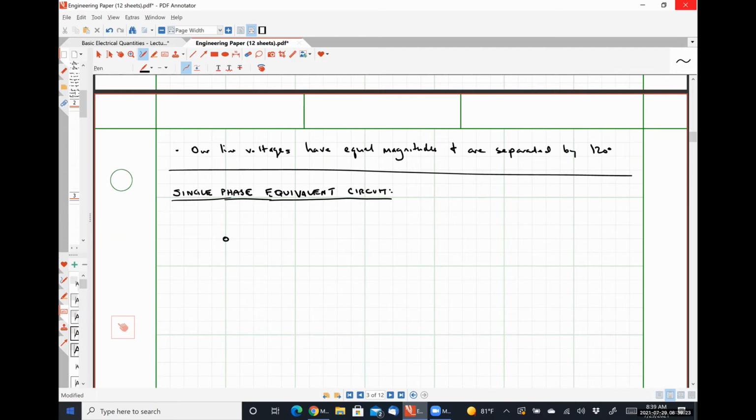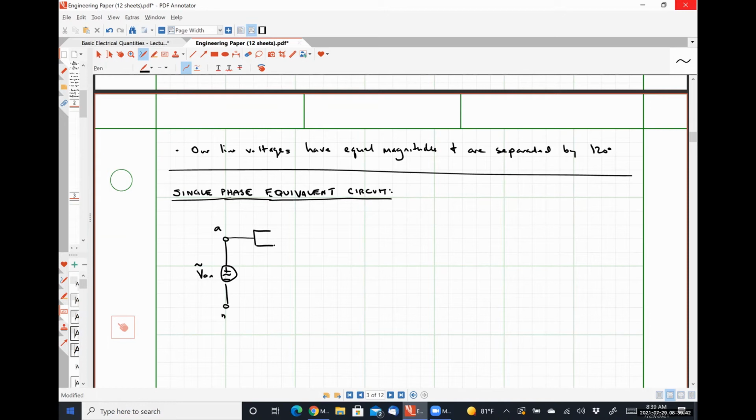So between transmission line terminal lowercase a and my neutral transmission line terminal lowercase n, I have my voltage source VAN.